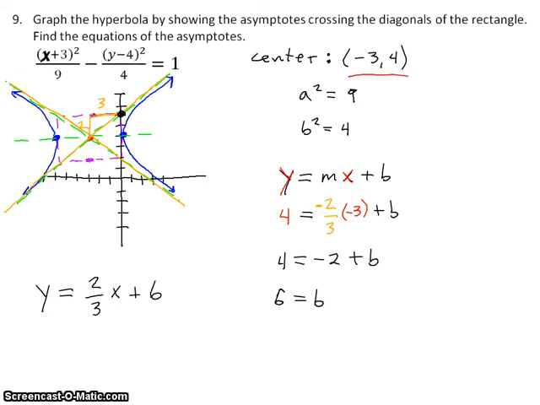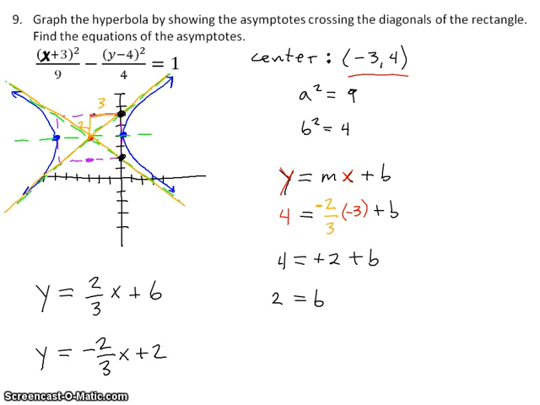So that is going to change our problem by now giving us a positive 2 here. And then if we subtract 2 from both sides, that's going to give us a b value of 2, which means that our other equation is y equals -2/3 x plus 2.